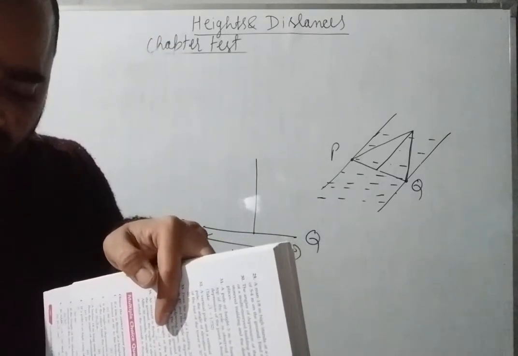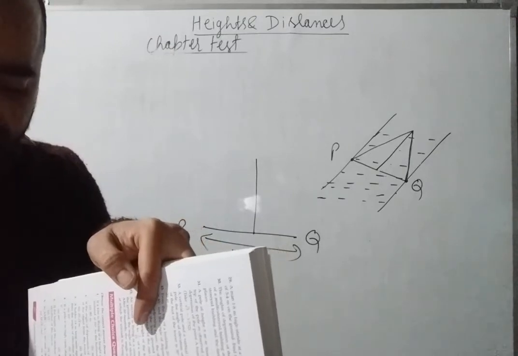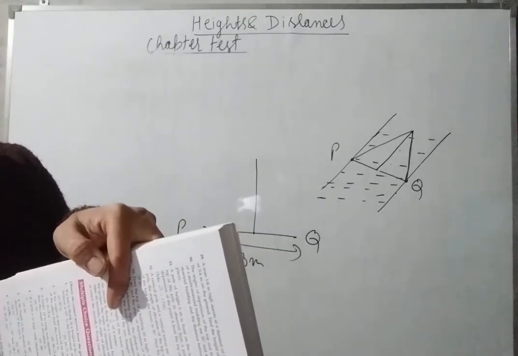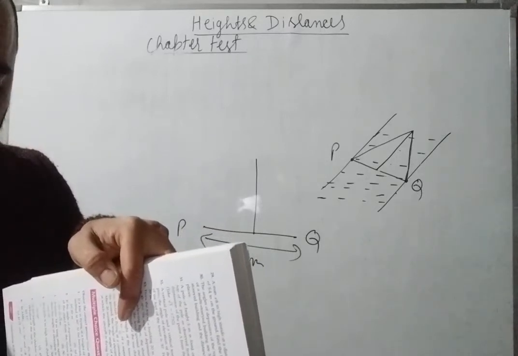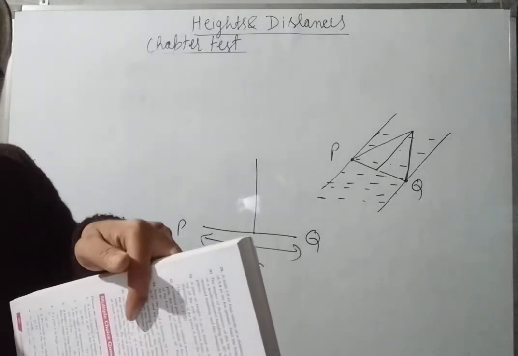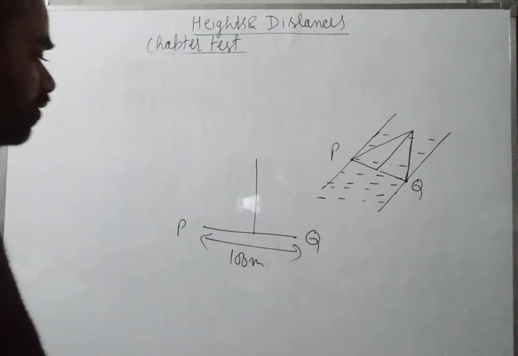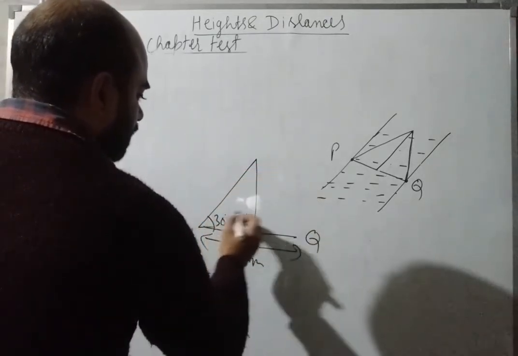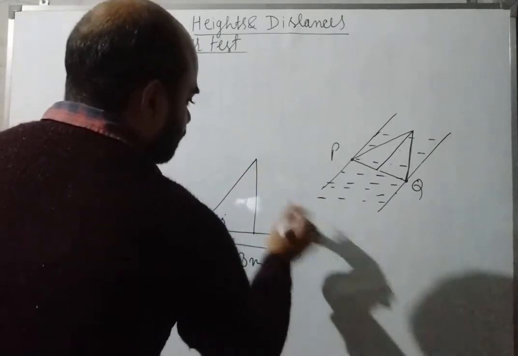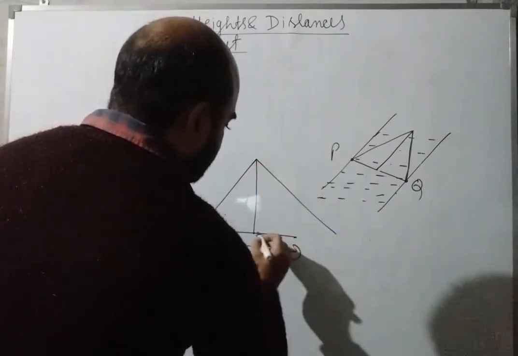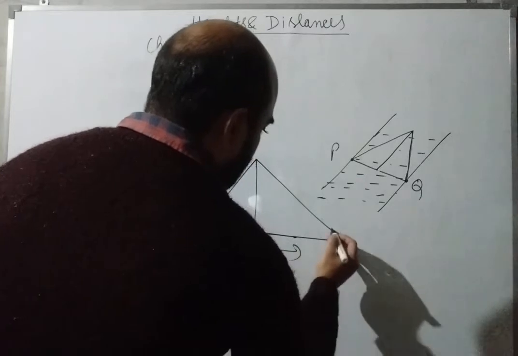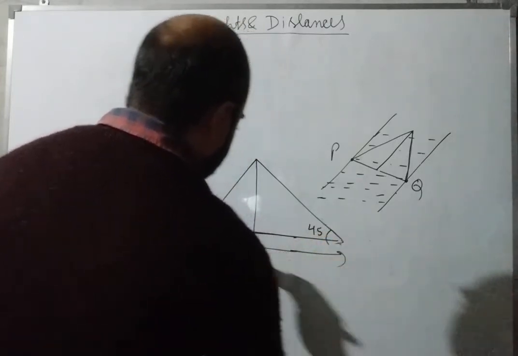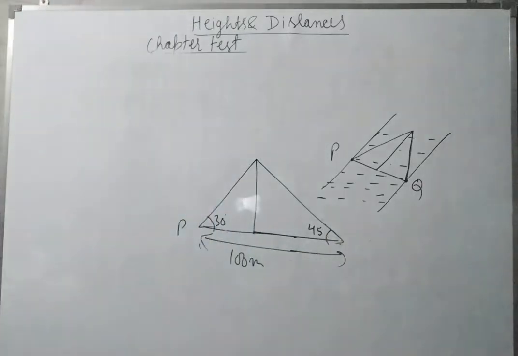It is given, in line with the tree. Now from both the points P and Q, the angle of elevation of the top of the tree is 30 degrees and 45 degrees. So from P it is 30 and from Q it is 45. These two are given. So this is the diagram actually.